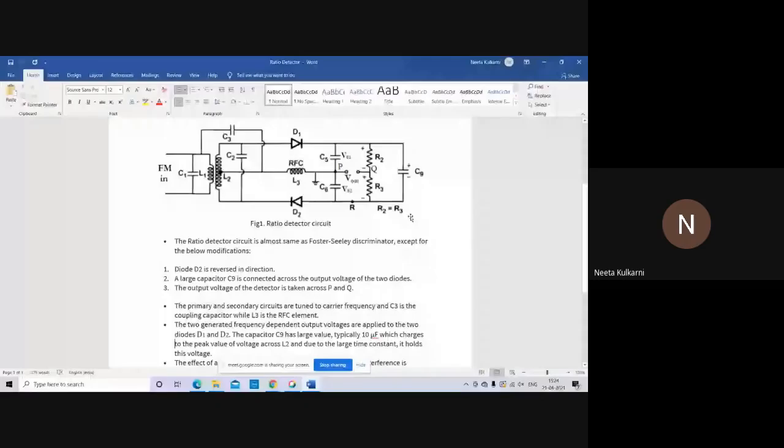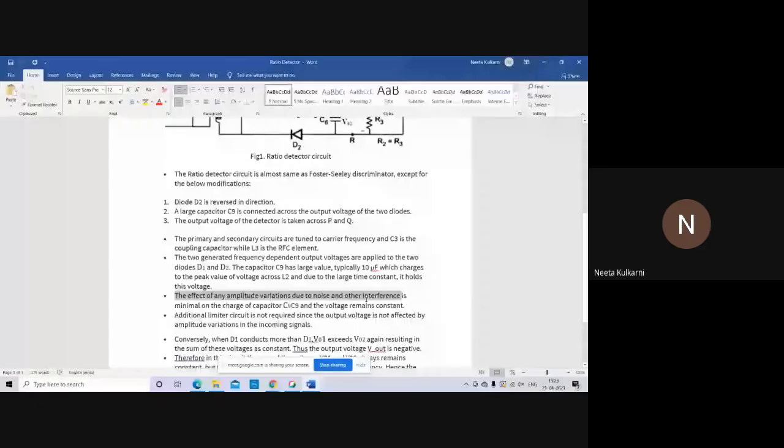Because of the value of capacitor, the effect of any output variations due to noise and other interference is minimal on the charge of the capacitor C9, and the voltage remains constant.